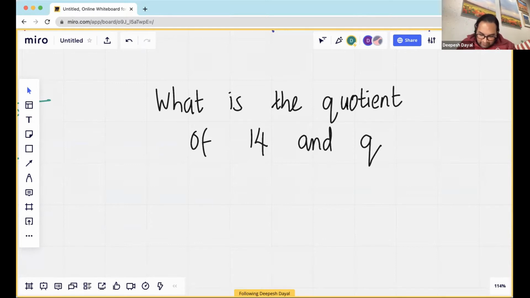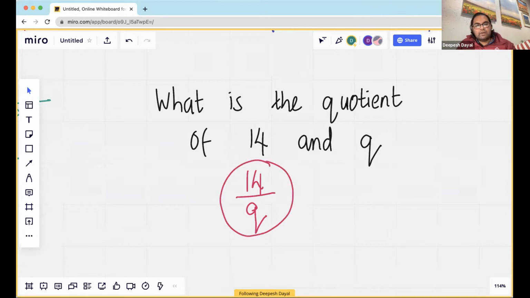So we're going to say 14 over Q. So 14 over Q is the answer, right? And what's the key word that we're looking at in this particular expression? It is quotient, yes, sir. Quotient. Okay.